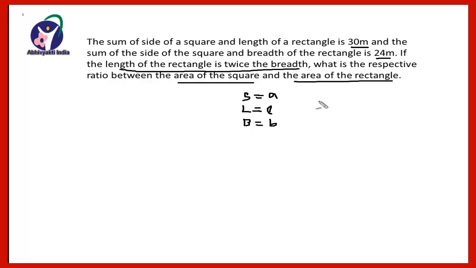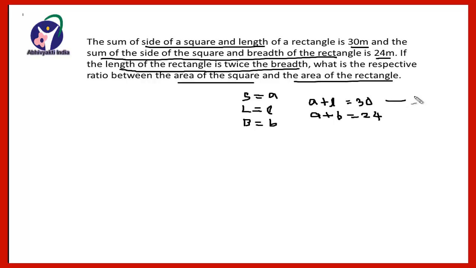Now the first condition is that the sum of the side of a square and the length is equal to 30 meter. And the second condition is that the sum of the side of the square and the breadth is equal to 24 meter.